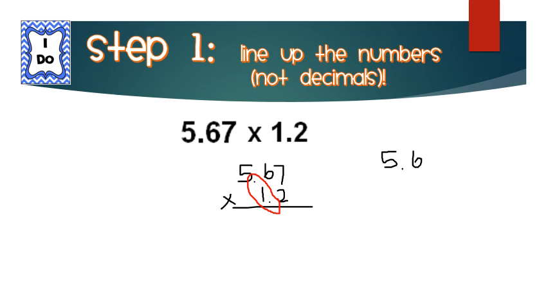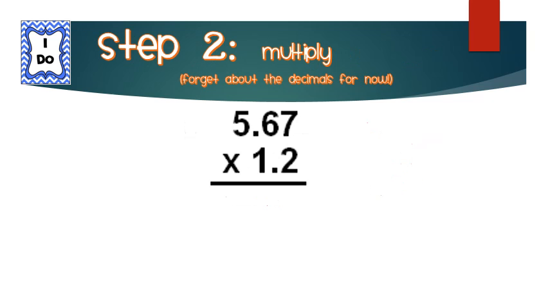We have 5.67, 1.2. We can't line up our numbers to the left. We have to line up our numbers to the right, just like we would do a normal multiplication problem. So this one over here is incorrect. We have to line them up on the right side. All right, so that is step number 1 done.